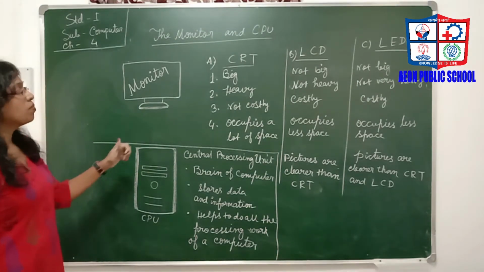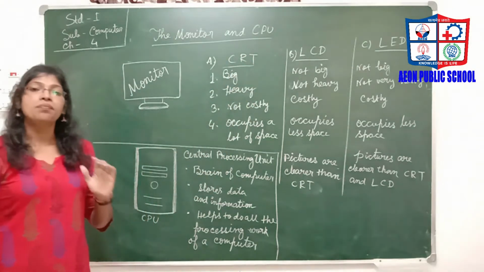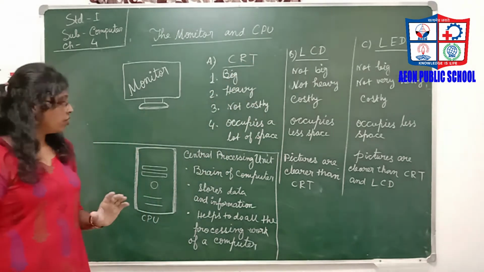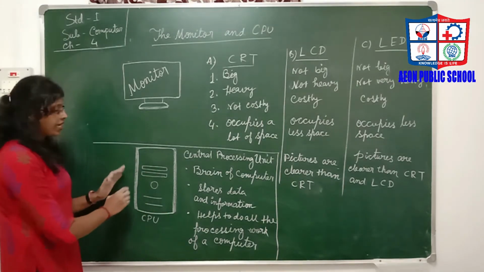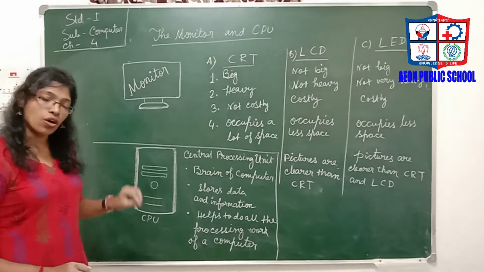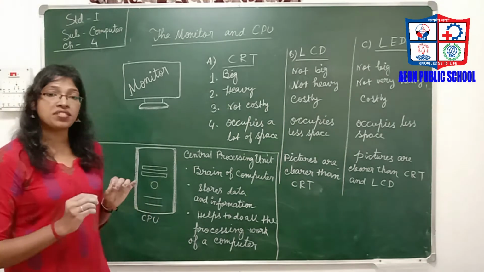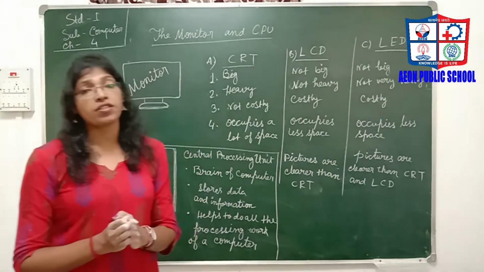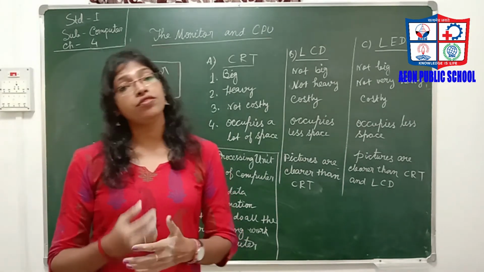Now we will talk about the CPU. CPU means the Central Processing Unit. It looks like this. I have drawn it here. The CPU stays inside the CPU box. This is the most important part of a computer that can store lots of data and information.